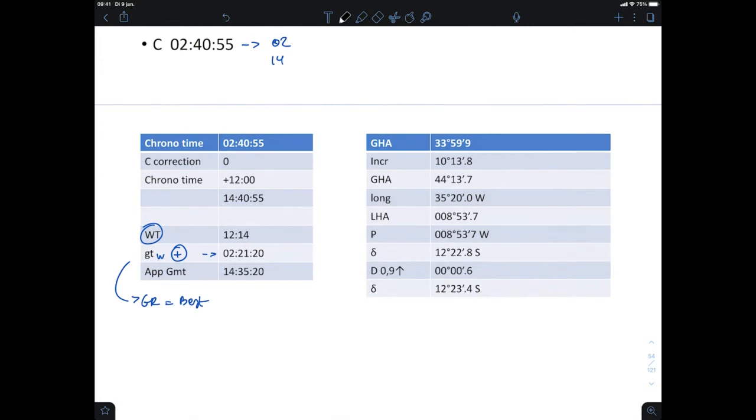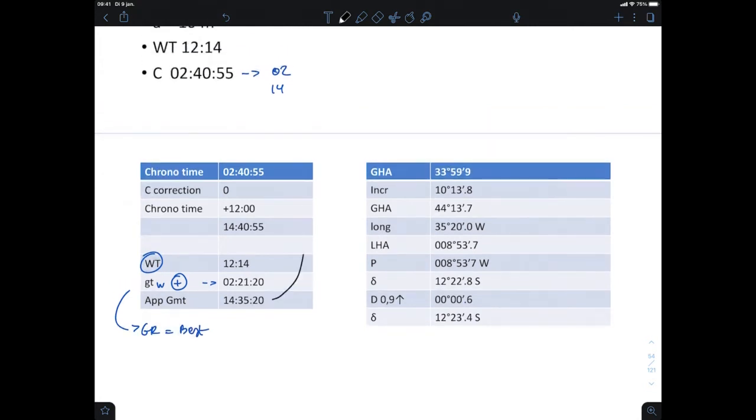And so now we know that our chronometer time, we need to add 12 hours. Our correction was 0. We add 12 hours, so we get a universal time, or a GMT, of 14:40:55.